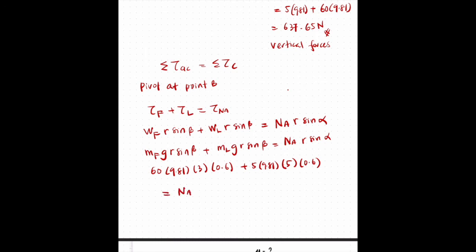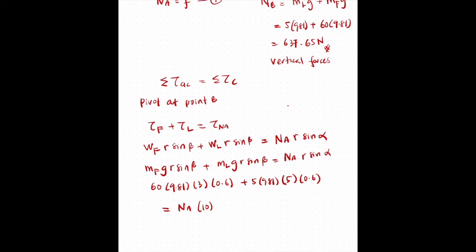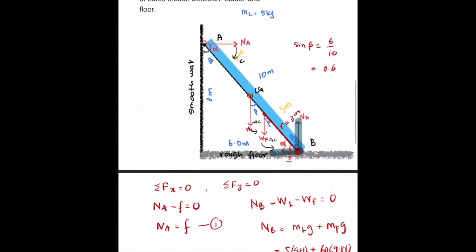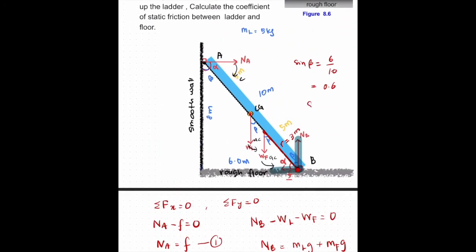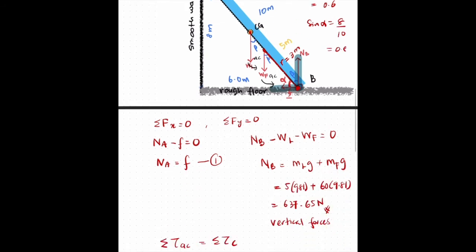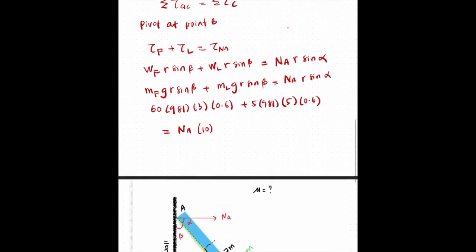We need to find the NA because NA is equal to friction. R is the length of the ladder, which is 10. Sin alpha, as calculated before, alpha here is same as here, means that 8 over 10, which is 0.8. Sin alpha is 0.8.